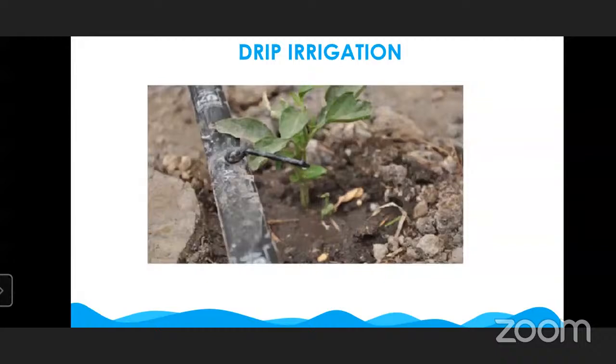Drip irrigation is the most efficient water and nutrient delivery system for growing crops. It is a very effective system. It delivers water and nutrients directly to the plant's root zone. कहाँ पे जाते हैं water? Directly to the plant's root zone.